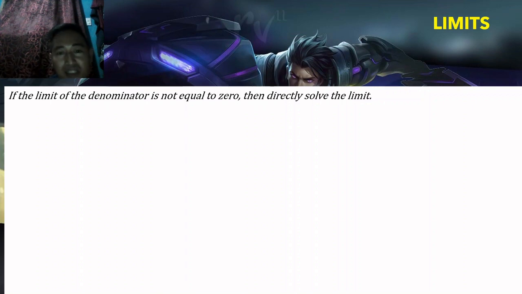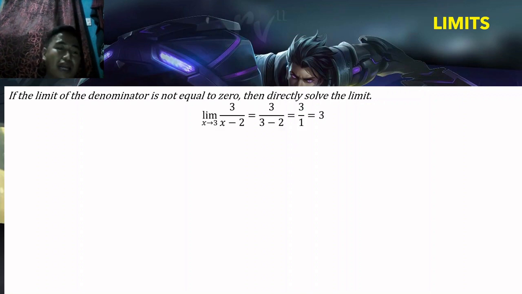For polynomial functions, whether linear, quadratic, cubic, to the power of 4, 5, or 6, you directly substitute x as x approaches a number. Okay? With a denominator, the result can differ, so be careful.